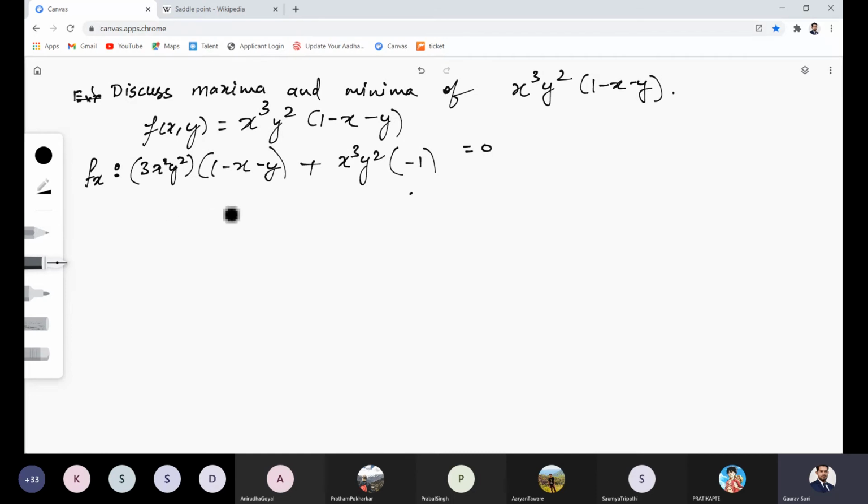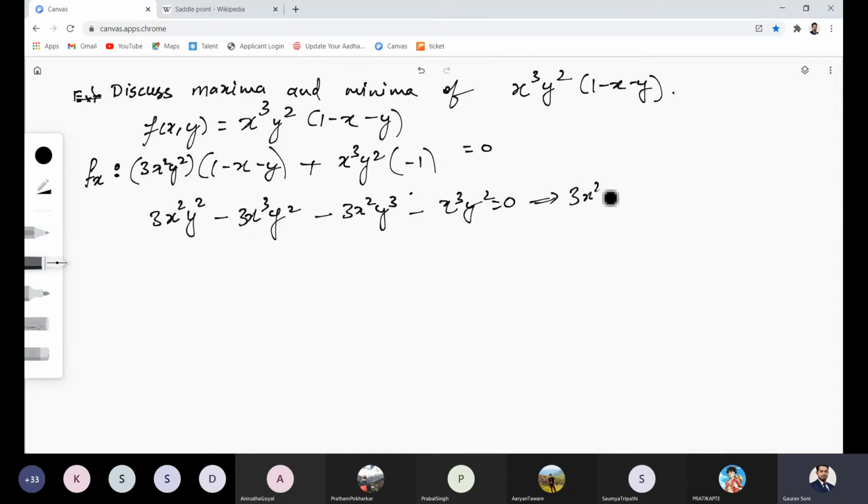Expanding, 3x square y square minus 3x cube y square minus 3x square y cube minus x cube y square equal to 0, which means that x cube y square will become 4.